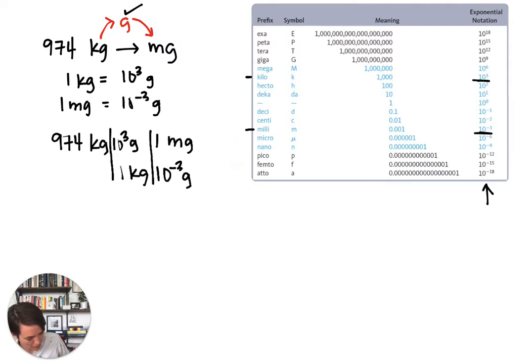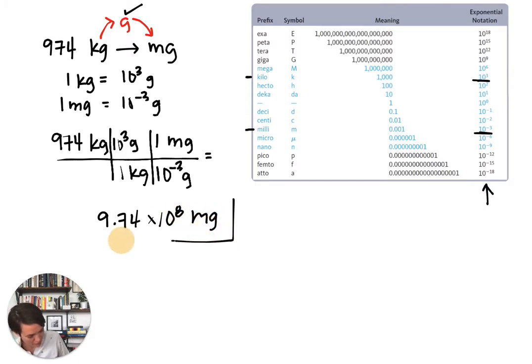All right, so you plug that into your calculator, and you'll get 9.74 times 10 to the 8th milligrams as your answer.